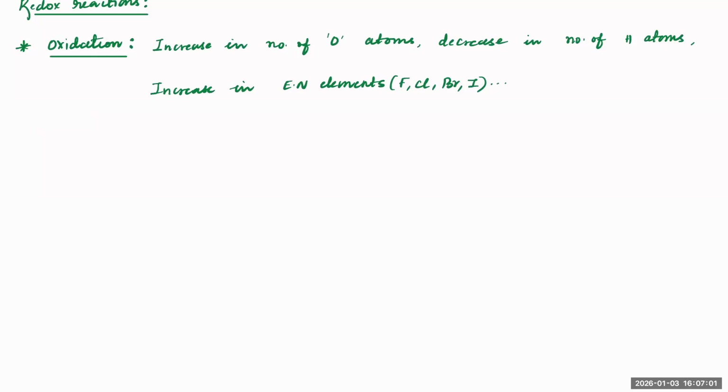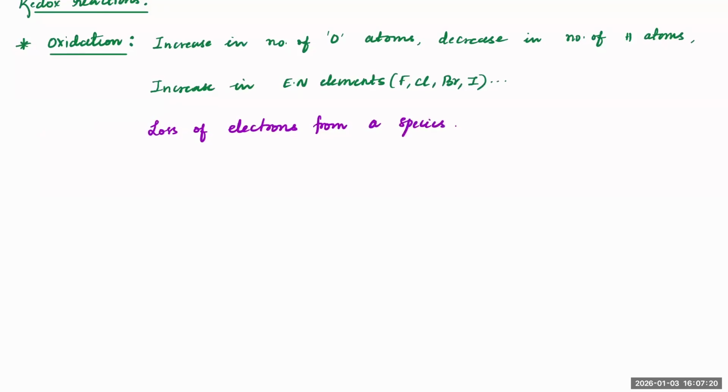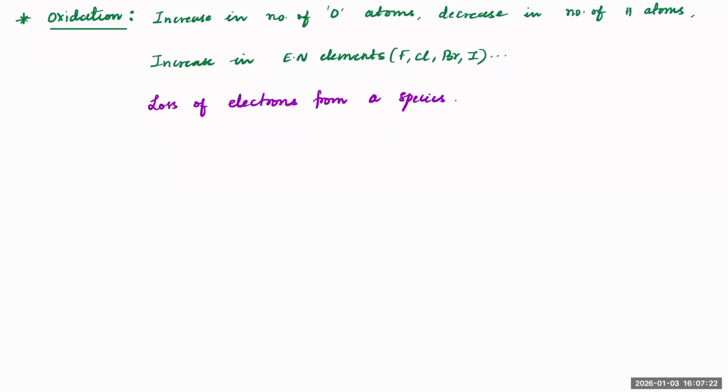But the most generic definition of oxidation is loss of electrons from a species. Loss of electrons from a species is the most important point that you need to note while defining oxidation.